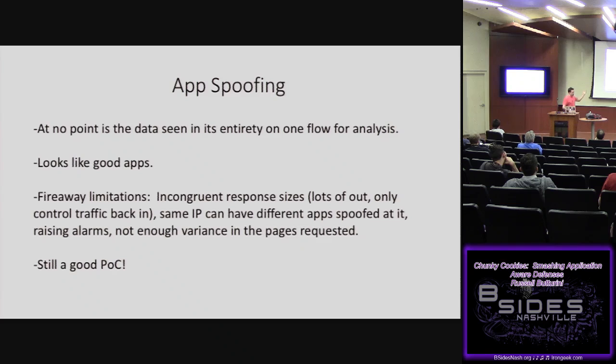Same IP. I really should fix this, but I'm super lazy. You could have different apps mapped, so like you could send YouTube to an IP one time and then Dropbox the next time or Facebook or whatever. And that might look a little weird, although in the case of cloud services, maybe not. If 2 different apps are hosted on AWS, it may not look that strange. The other thing is it's really just requests for root pages right now.